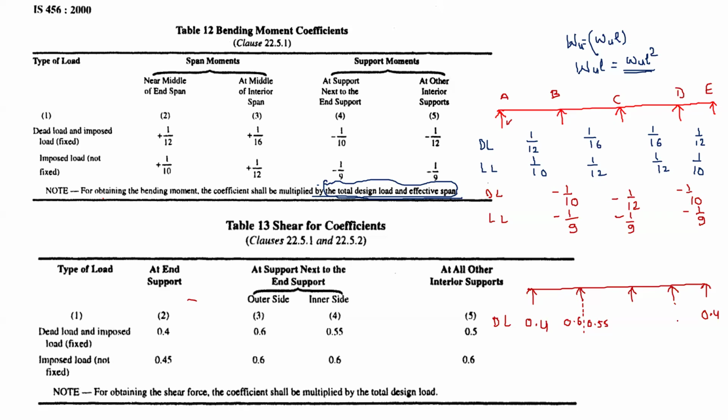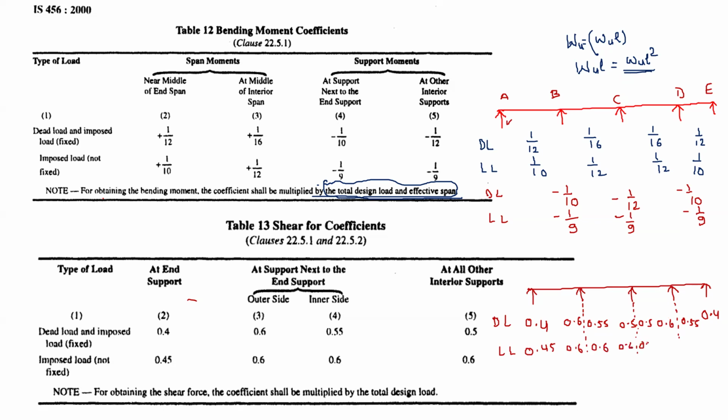Same over here, we have 0.6 on this side and 0.5 on this side. And then at all interior supports we have 0.5 and 0.5. For live load we have 0.45, and all other values are 0.6.